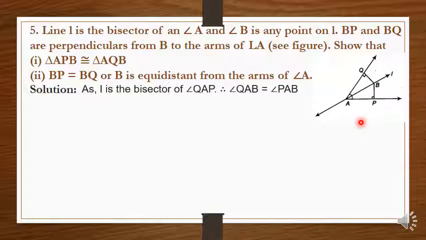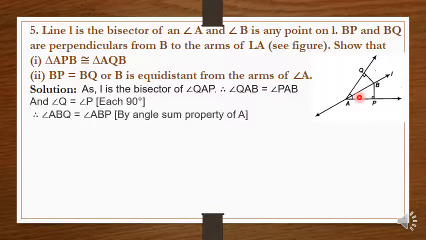As L is the bisector of angle QAP, we can say that angle QAB is equal to angle PAB. These two angles are equal. Then angle Q is equal to angle P, because each of them is 90 degrees.